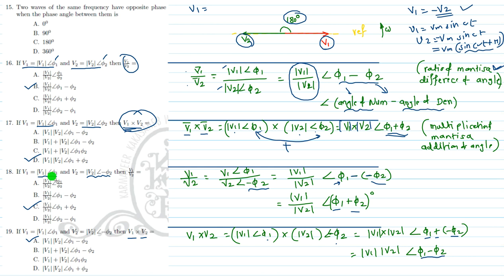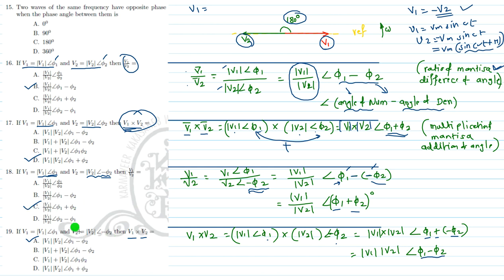Okay, now with plus phi and minus phi: V1 divided by V2 is V1 at an angle of phi 1 over V2 at an angle of minus phi 2. The mantissa is divided, so V1 by V2 at an angle of phi 1 minus of minus phi 2, angle of numerator minus angle of denominator. But the angle of denominator is minus phi 2, so it gives phi 1 plus phi 2 as the effective one.